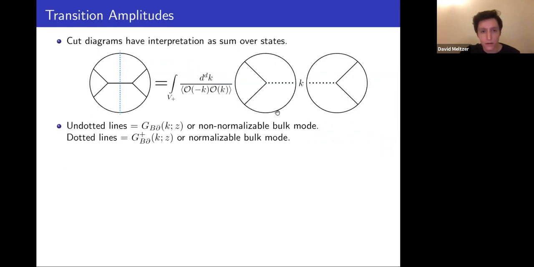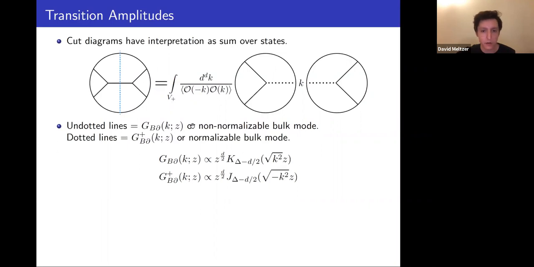Here the undotted lines are my regular Feynman bulk-to-boundary propagator, and these correspond to the non-normalizable bulk modes. The dotted lines are the on-shell propagator, and these are the normalizable modes, where here it's normalizable with respect to the Klein-Gordon norm.